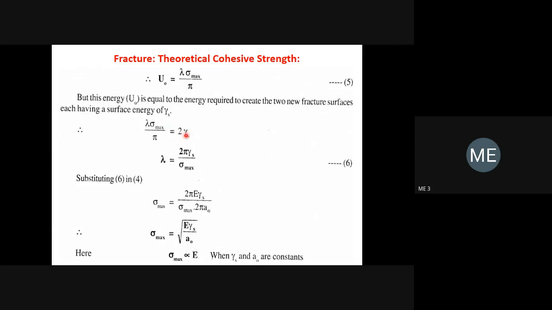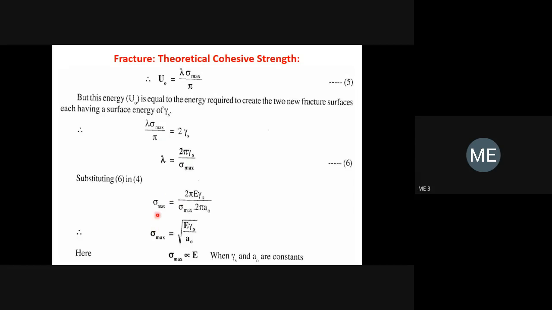So that's also equal to the amount of energy required to form the two surfaces. Gamma s refers to the amount of energy required to create one surface, but during the fracture, we are assuming that a standard fracture will generate two surfaces. So the amount of energy required to create each surface is gamma s. Because it creates two surfaces, we have 2 gamma s. Finally we get lambda. This is the formula for the lambda.